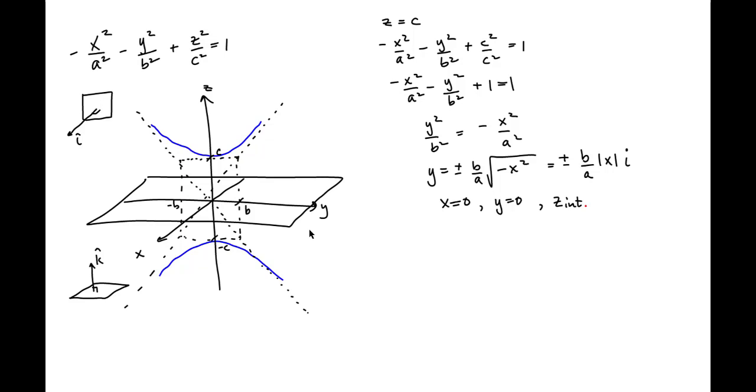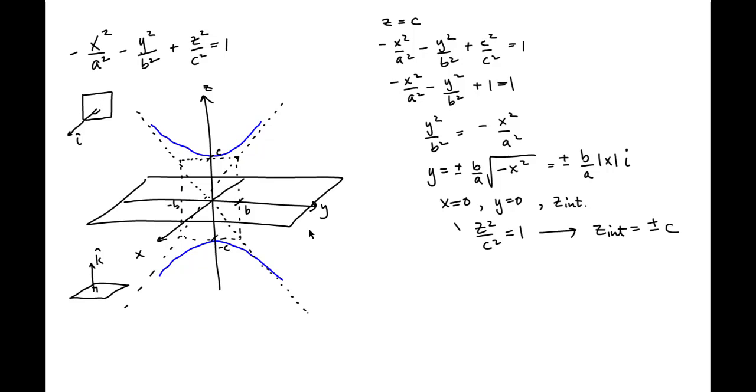So plugging that into our equation, we get z squared over c squared is equal to 1. This means that our z-intercepts are at the values of plus or minus c. Let's look at our sketch. Notice the hyperbolas intersect the z-axis at c and minus c.